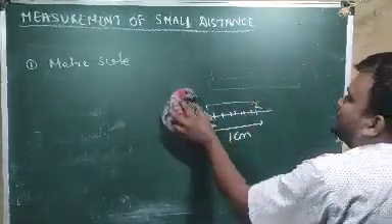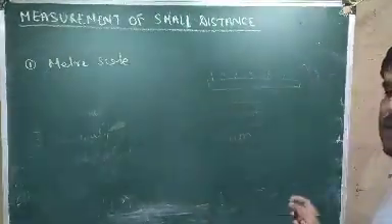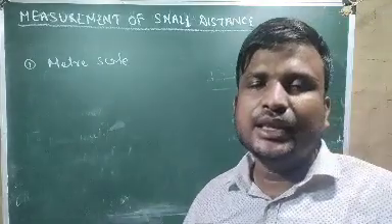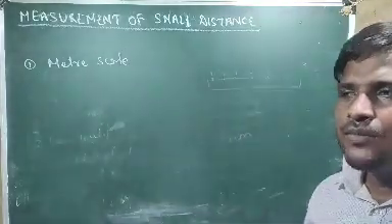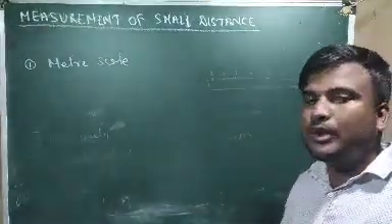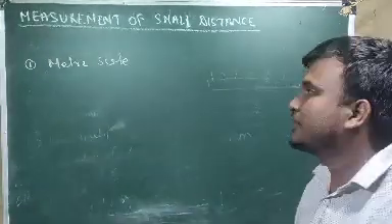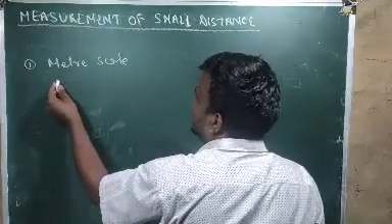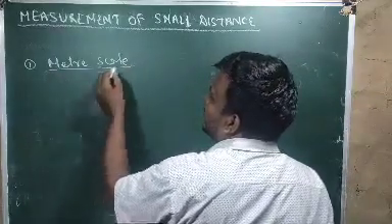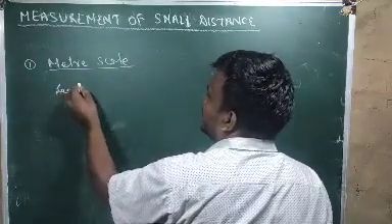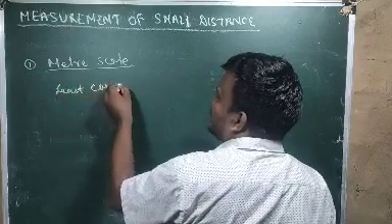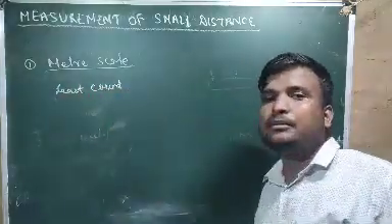So by using a meter scale, the smallest distance we can measure is 1 millimeter. The least count means the smallest division which we can measure.